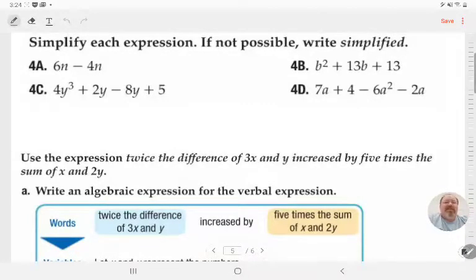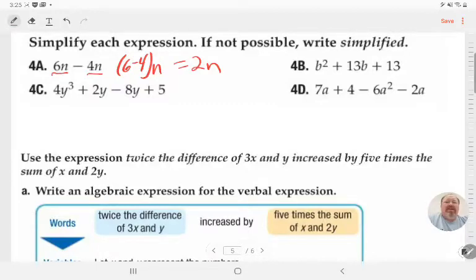So 6n minus 4n, they are like terms. They have the same variable with the same exponent. So all I have to do is, I could rewrite this if I wanted to as 6 minus 4n, which would be 2n, okay? And then let's go to 4c.